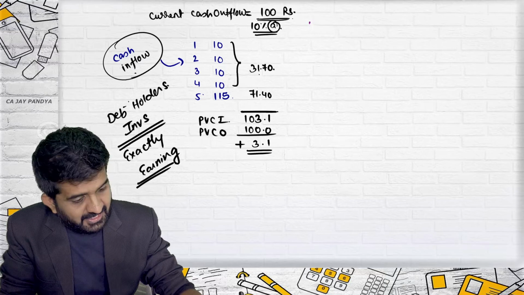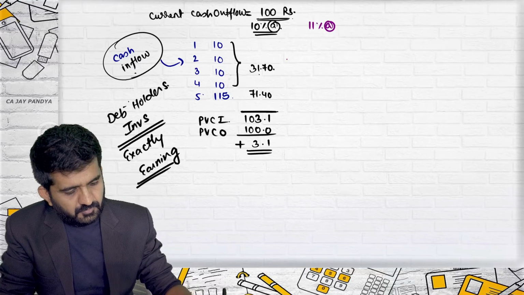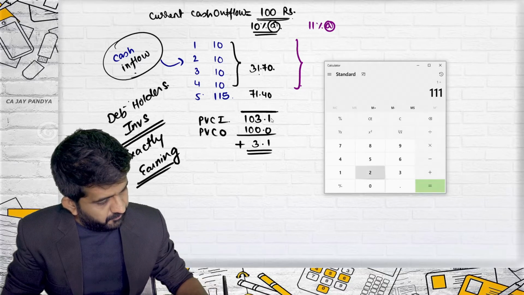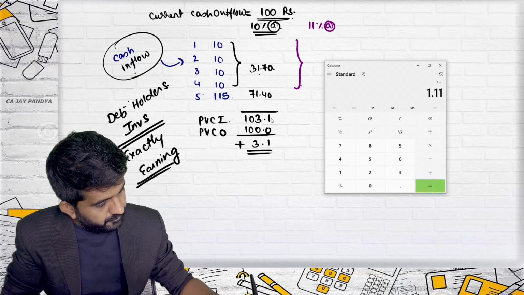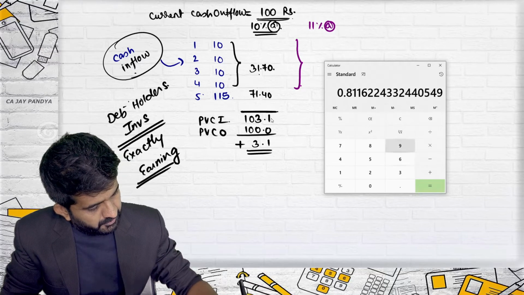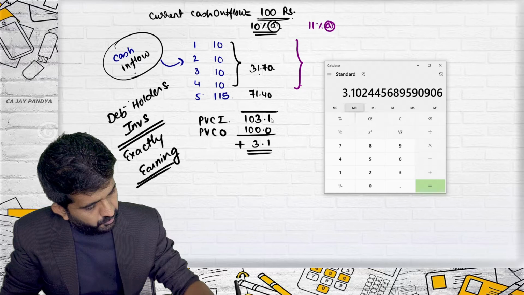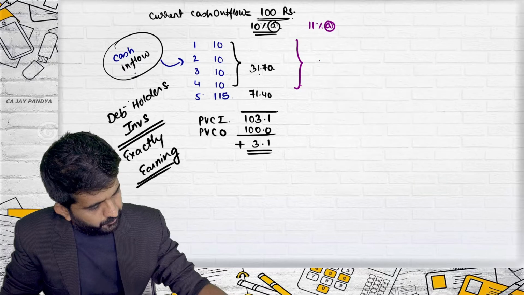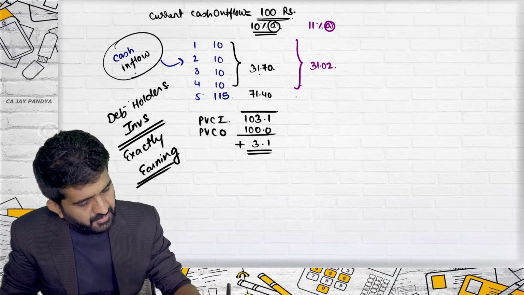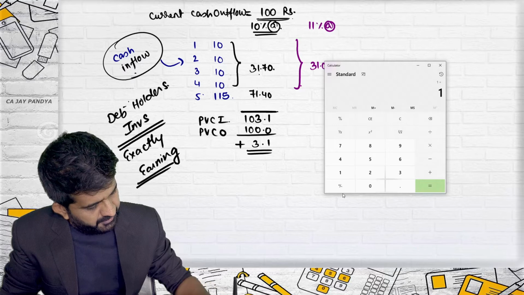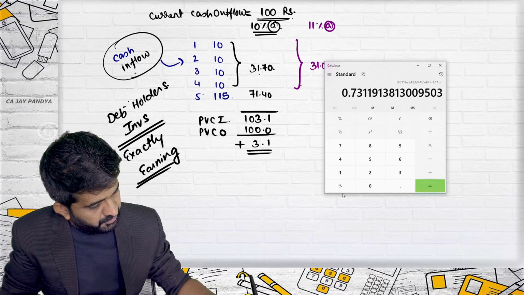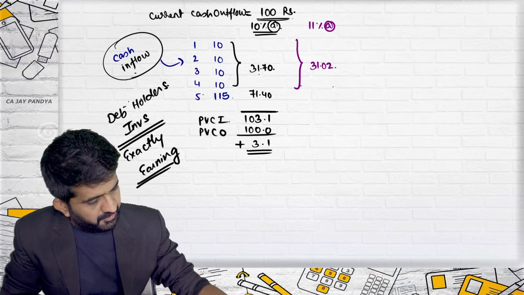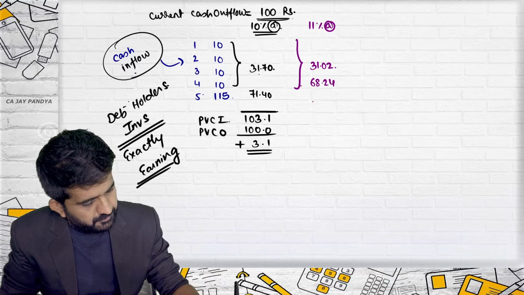Let me find out at 11%. I'll have to find out the present value of cash inflow first. 1 divided by 1.11, plus 1, 2, 3, 4, multiplied by 10 is 31.02. And for the 5th year, 1 divided by 1.11, 1, 2, 3, 4, 5, multiplied by 115. It is 68.24.